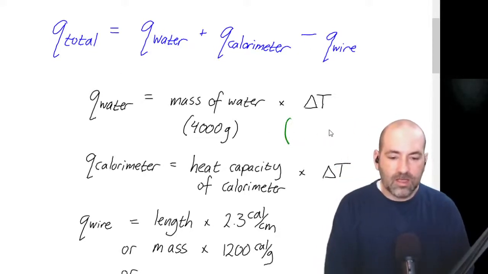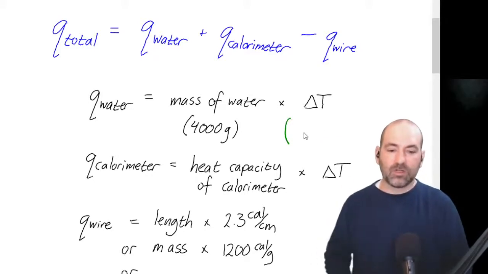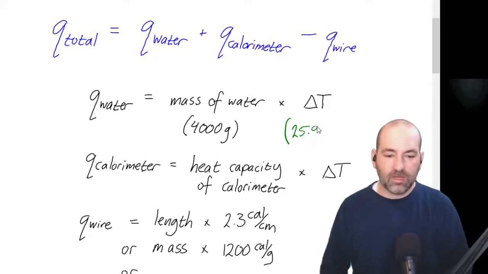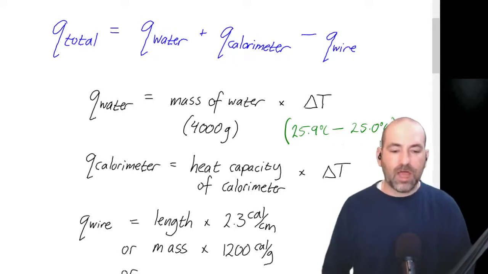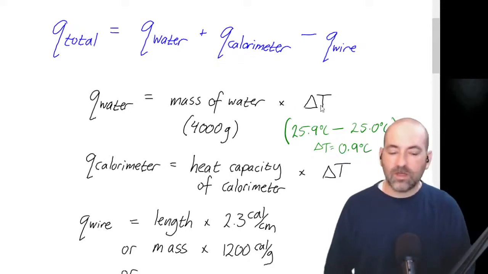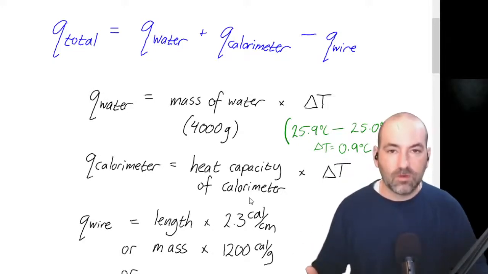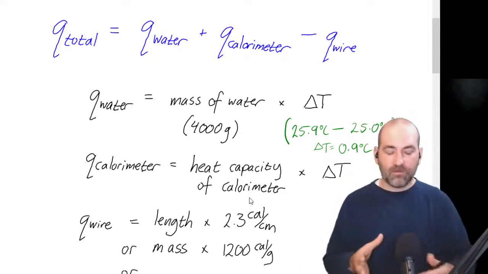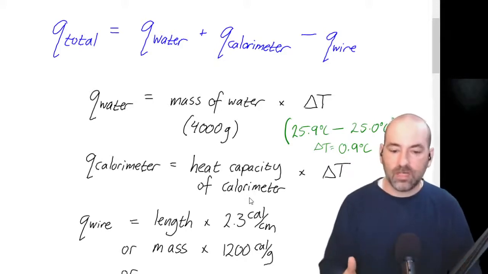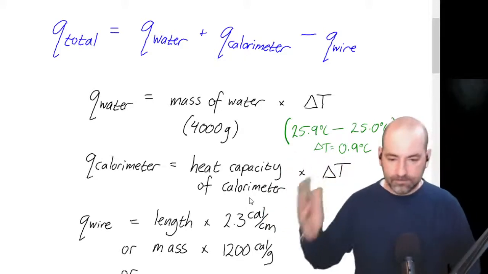Let's say your final highest temperature was 25.9 degrees C, and your initial temperature was 25.0 degrees C. So you would subtract those two numbers, and then your delta T, or your change in temperature, is 0.9 degrees C. And so that's what you'd multiply by the mass of the water, and that is how much heat went into the water, because the heat from the biodiesel went into the water to change that temperature. So that's your first term.